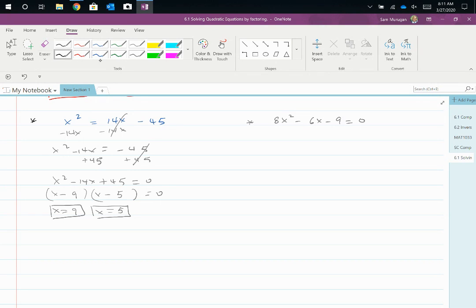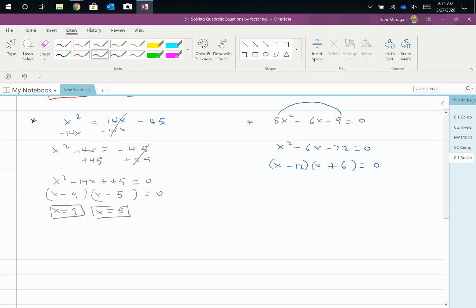So I use the slide and divide method, which is x squared, multiply negative 9 times 8 to give negative 72. Looking for two numbers that multiply to give negative 72 and add to give negative 6, which is negative 12 and positive 6.